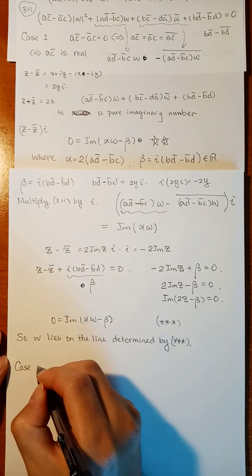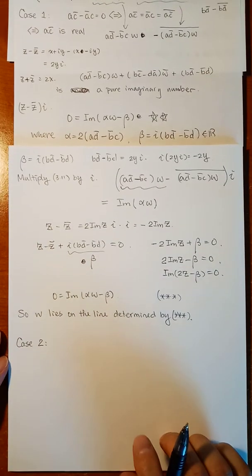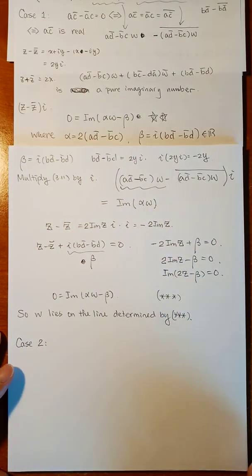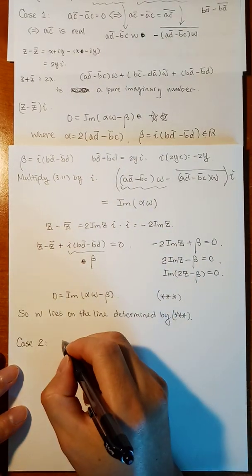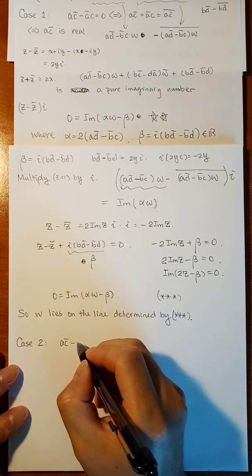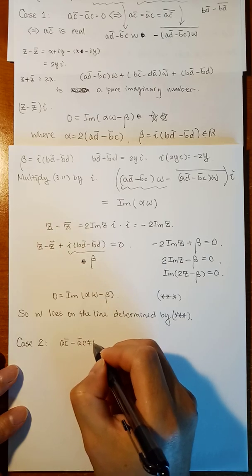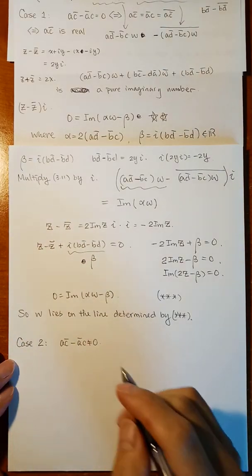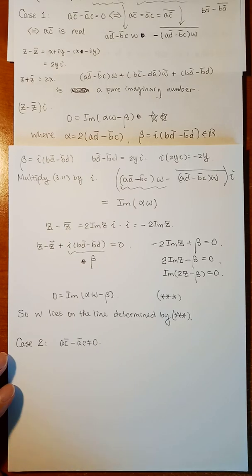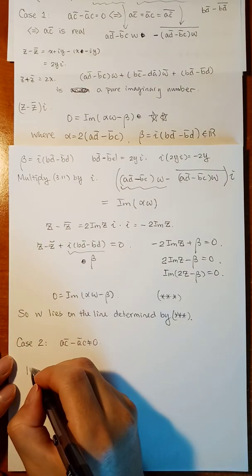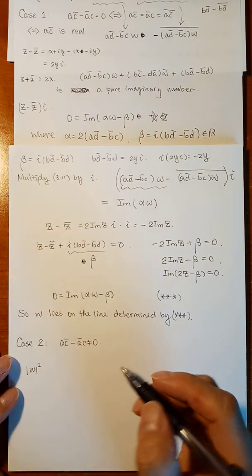Now let's talk about case 2. Case 2 contains even more computations. Well, in case 2, the leading coefficient is not equal to 0. If it's not equal to 0, let's divide the quadratic equation by the leading coefficient. I want the leading coefficient to be 1.